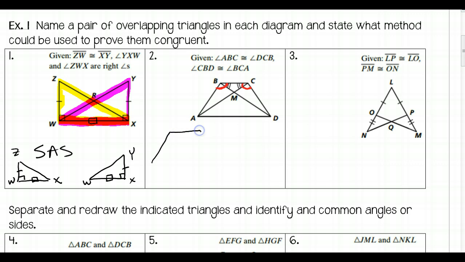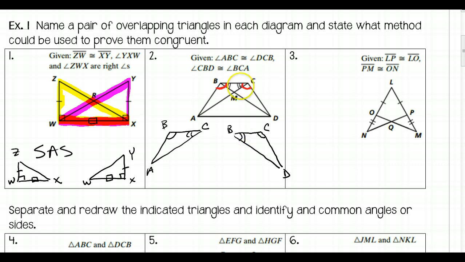So here's the triangle on the left, and this is going to be triangle ABC. And the triangle on the right, this is BCD, and if I mark the pieces that are congruent, I've got this angle, and then these two small angles over here.